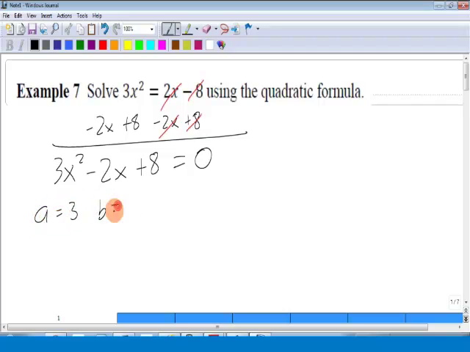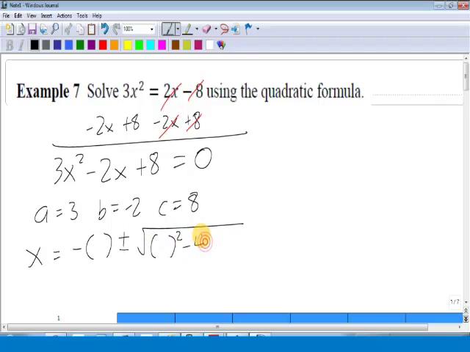A equals 3, B equals negative 2, and C equals 8. I'll write down the quadratic formula, substituting empty sets of parentheses for the a's, b's, and c's. x equals the opposite of b, plus or minus the square root of b squared minus 4ac, all over 2a.